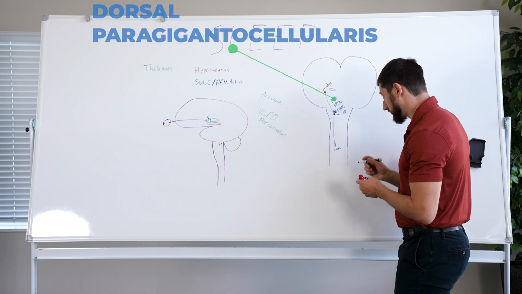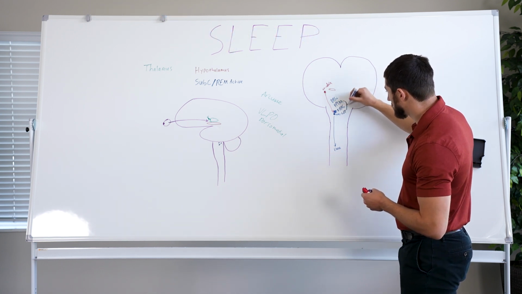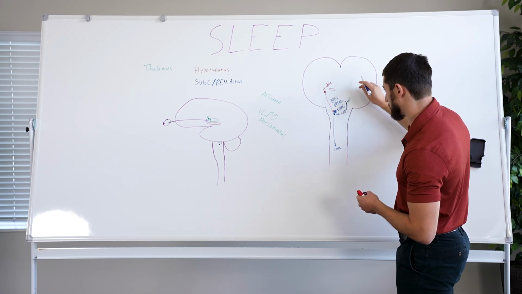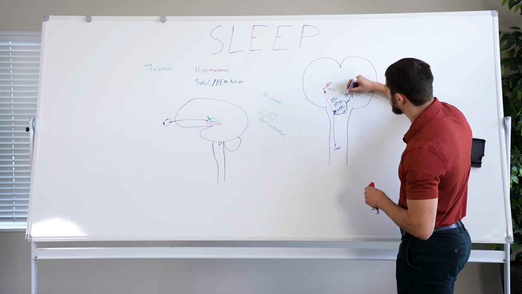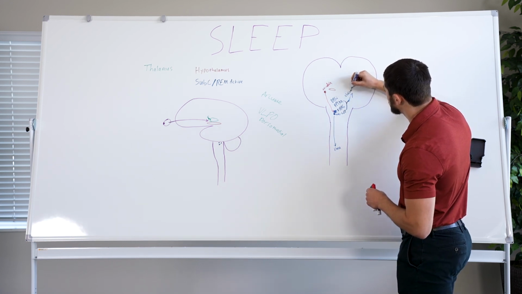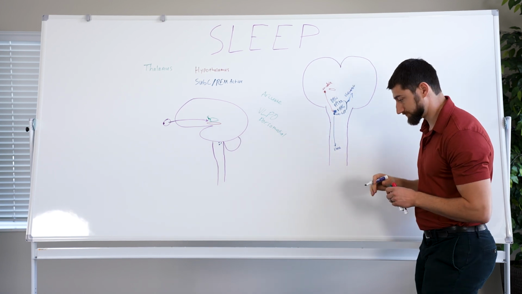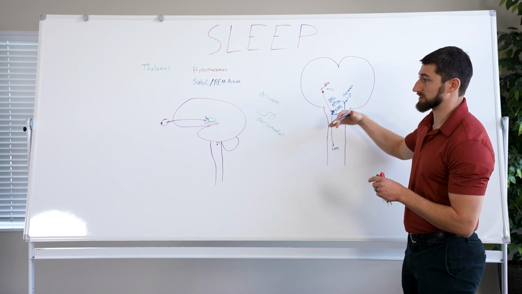Anyway, so you've got these two right here that are cholinergic. They actually go that direction, right? But I'm just going to draw it this way for the sake of understanding. So they're cholinergic, and they are going to help inhibit some of these wakefulness centers and help transition into REM sleep.